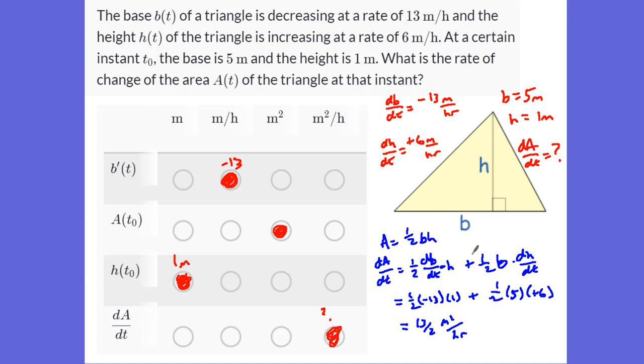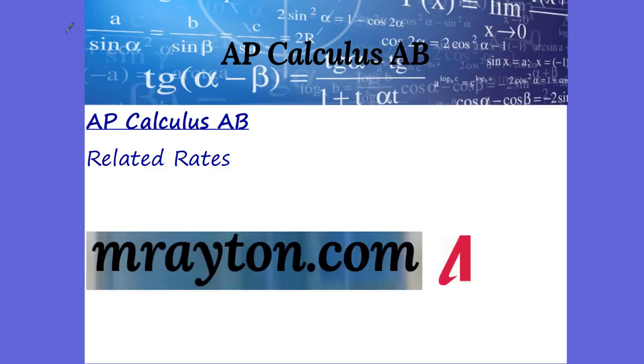But in this problem, not only is the base getting less and less, the height is getting more and more. So you can see how the area is changing, and the area is positively changing, which means the area of this triangle is getting larger as it goes along. And that is related rates. Again, units help you out with related rates.